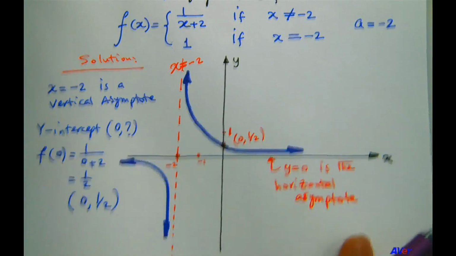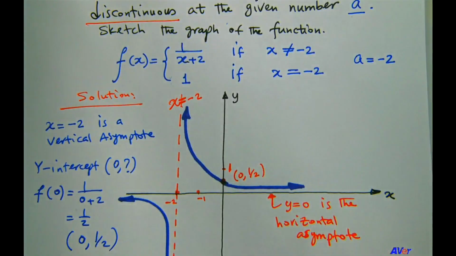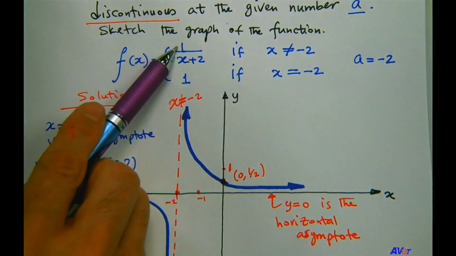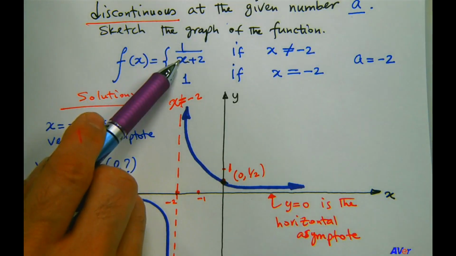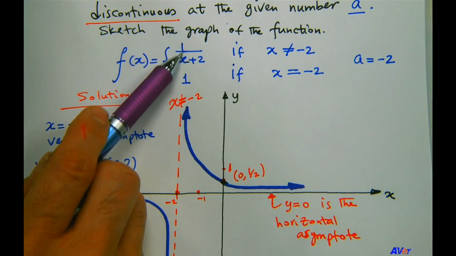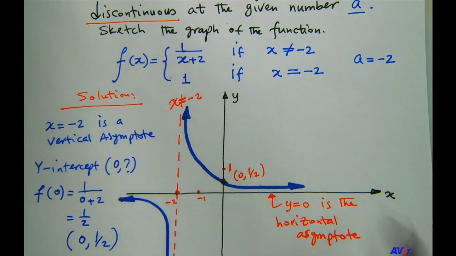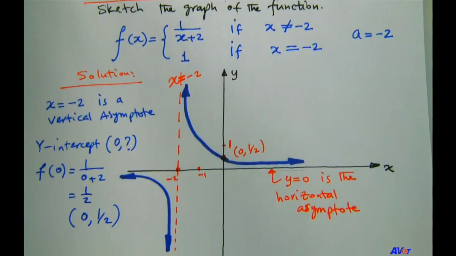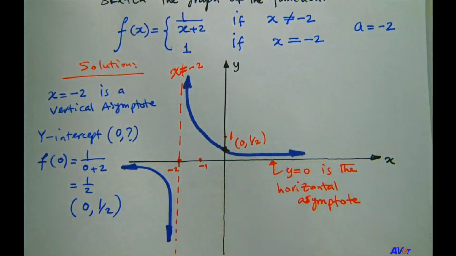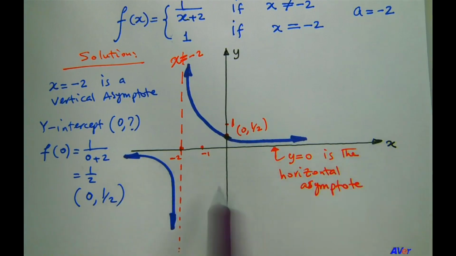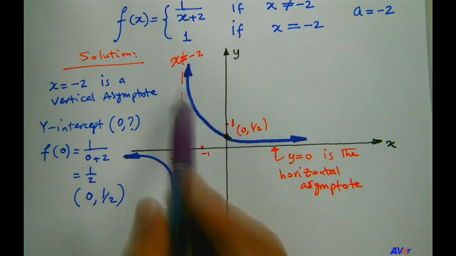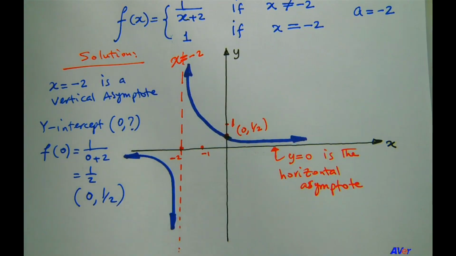Remember, of course, what we learned in pre-calculus, in Math 126, that if the degree of the polynomial in the numerator is less than the degree of the polynomial in the denominator, in this case, the degree of the numerator is 0, the degree of the polynomial in the denominator is 1, which is less, then the x-axis is the horizontal asymptote. So we know that right away, from Math 126. So y equals 0 is the horizontal asymptote, x equals -2 is the vertical asymptote, and that's the y-intercept.